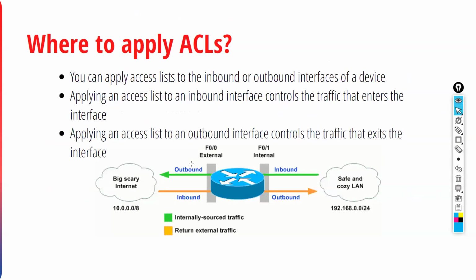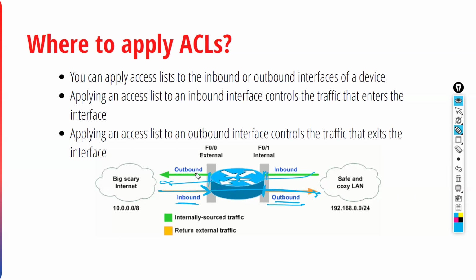Then where to apply the ACL? You will apply ACLs on the interface, depending on the direction of traffic. Like this traffic, it is going like this. It is entering on this interface, so this will be known as inbound. From this interface, it is going out of the router. This will be known as outbound. In the same way, depending on the traffic flow direction, your inbound and outbound will be selected.